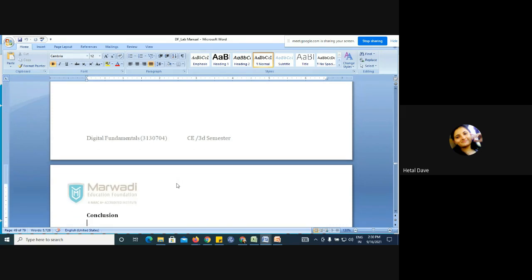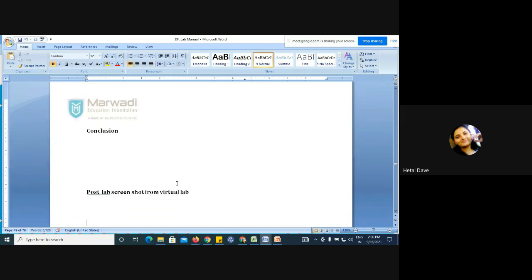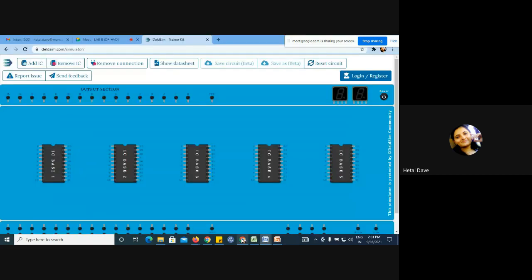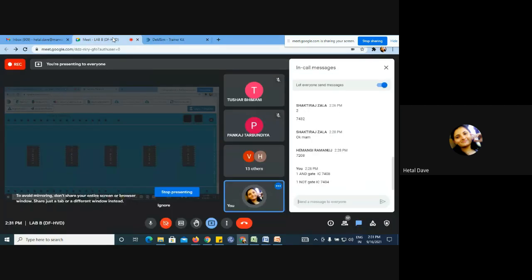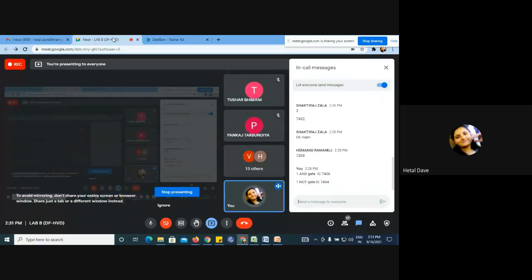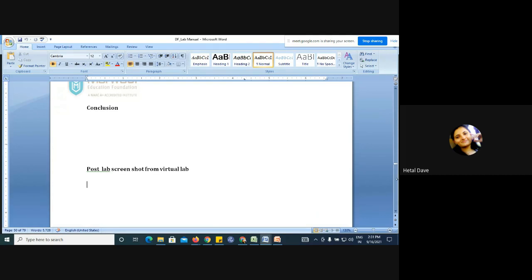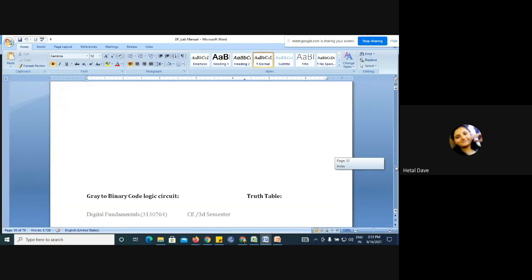Then you will write the conclusion and the post-lab and pre-lab screenshots. So for it you will open virtual lab. Is everyone aware of the virtual lab? Everyone will open virtual lab where you can attempt pre-lab and post-lab, and this work should be pasted here. So in this way your lab manual will be prepared.